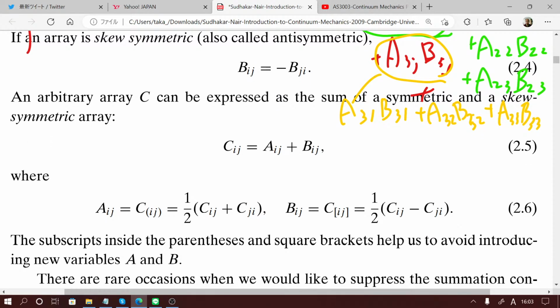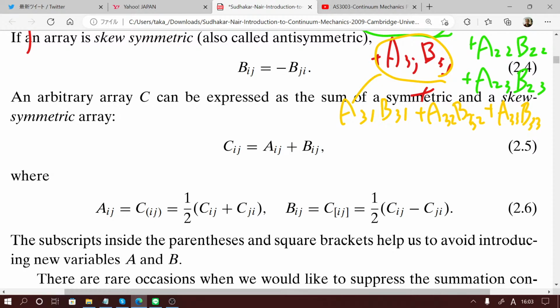Aij equals C parenthesis ij equal 1/2. A is symmetric, right? 1/2 Cij plus Cji.